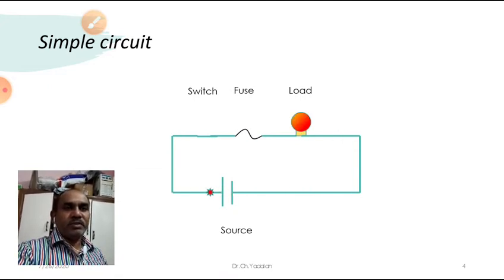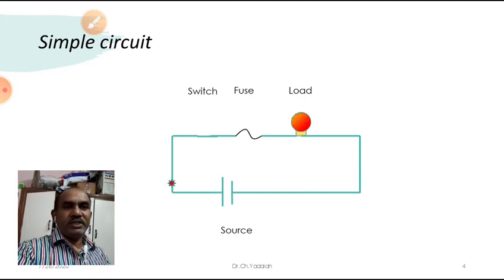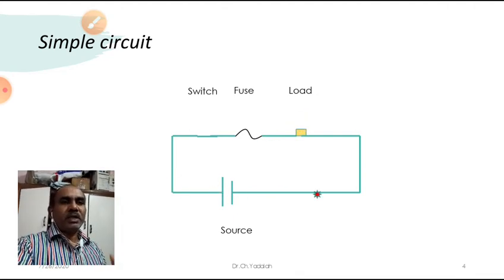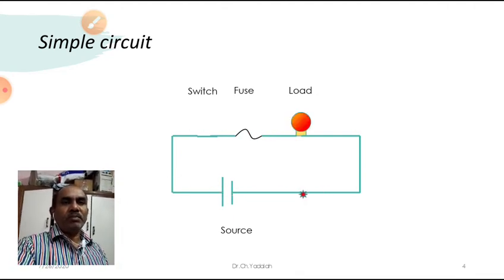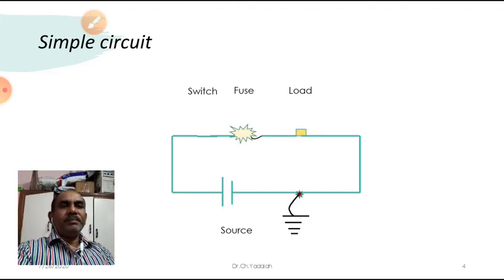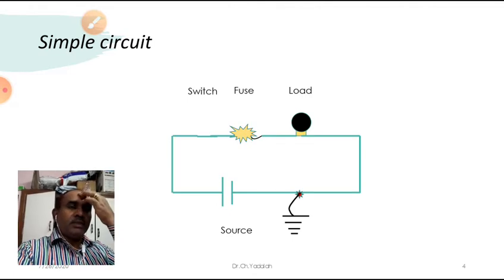In a substation we are going to control in different stages. At every stage we measure the value, control the value and maintain the value at a prescribed value. If anything goes wrong, then automatically we interrupt the supply to safeguard the operator as well as our equipments. Let us see, this is one circuit.